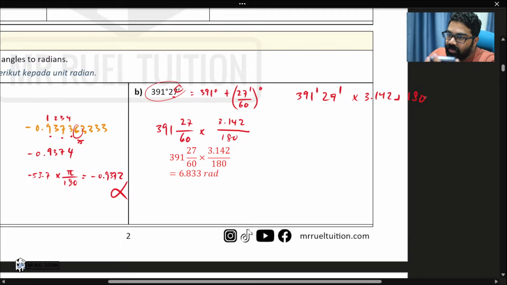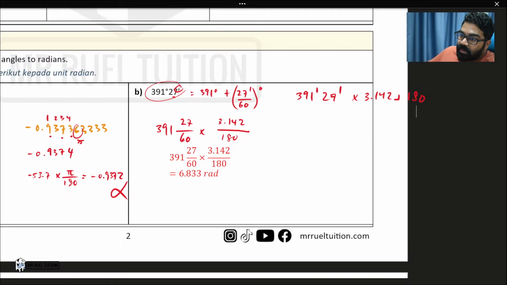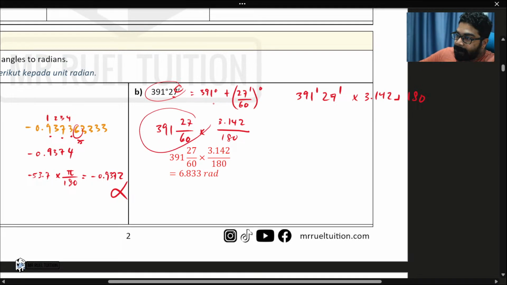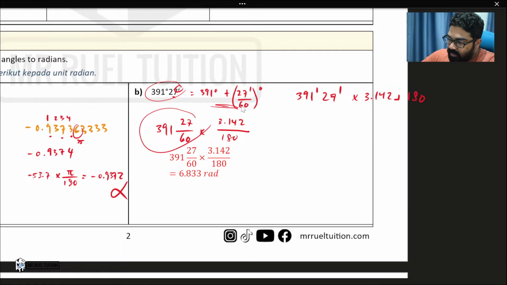Below the square root. Bawah punca kuasa 2. Right? You just have to use that. So you can just straight away do this. This one no need. So, for example, 391 degrees, 27 minit times 3.142 bahagi 180.